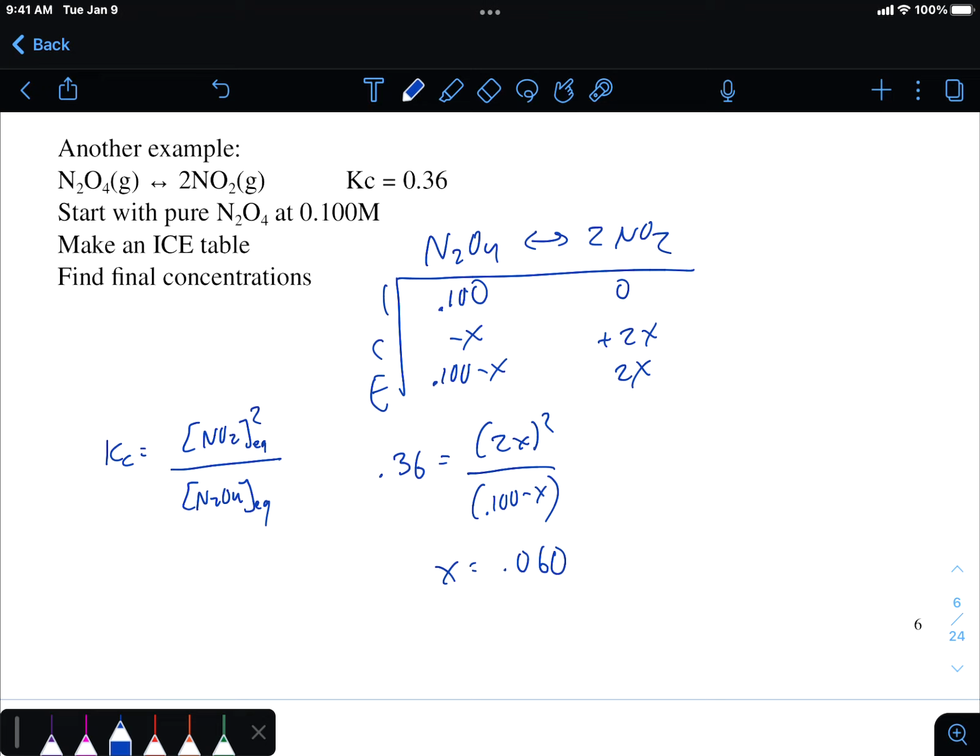The nice thing about using a solver is that once your calculator registers what x is, you can simply quit out of it, and then you can just type in something like 0.1 minus x. You probably didn't need to in this situation, but when the number is a little messier, it's helpful. So those are the equilibrium concentrations.